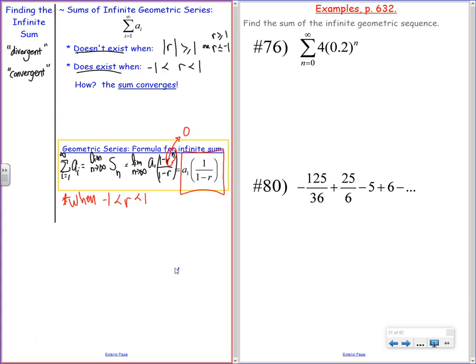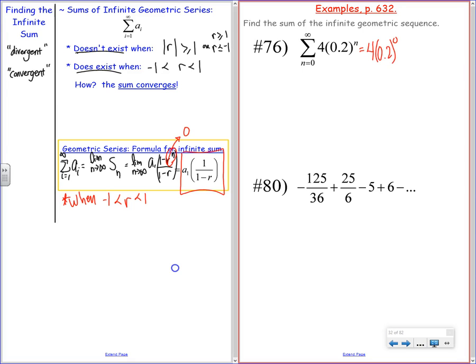Now, some of you can look at this and say, of course it's geometric, and of course there's a common ratio, and the common ratio is... That's good. For those of you that can't, we plug in stuff until we figure it out. Plug in 0. Anything to the 0 power is 1. But careful, what is that 1 being multiplied by? 4 is not to the 0, that guy is.